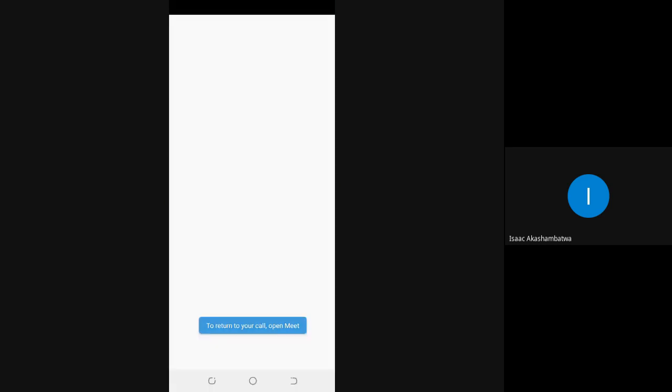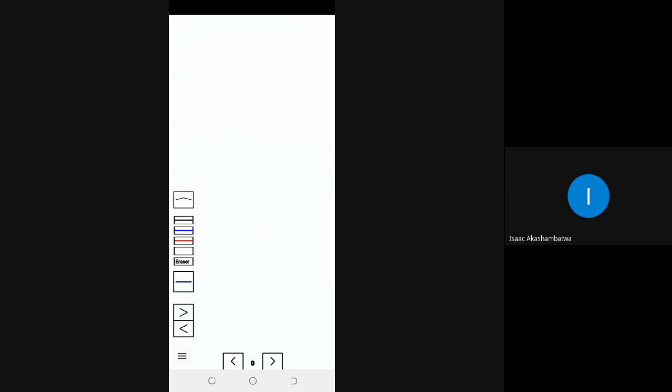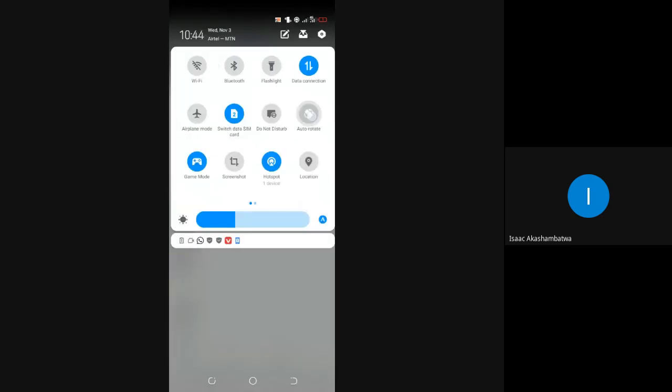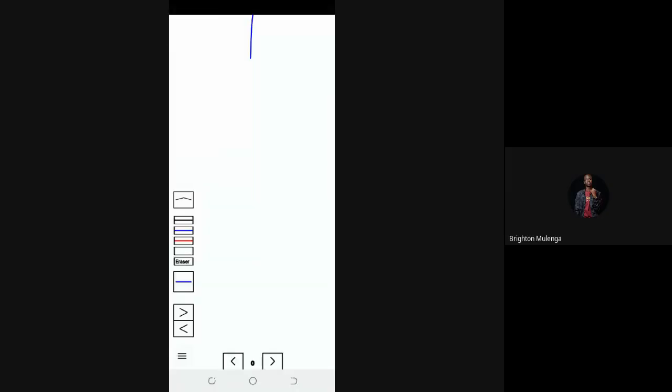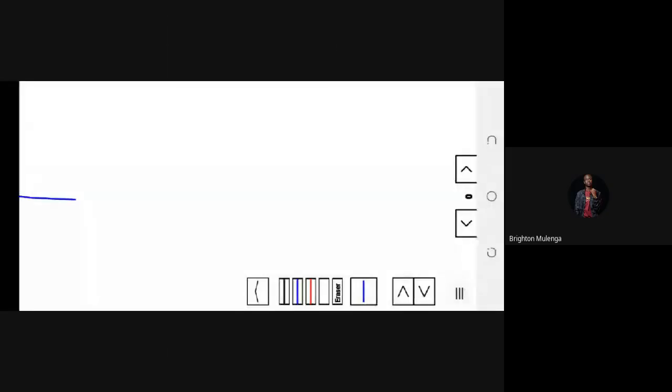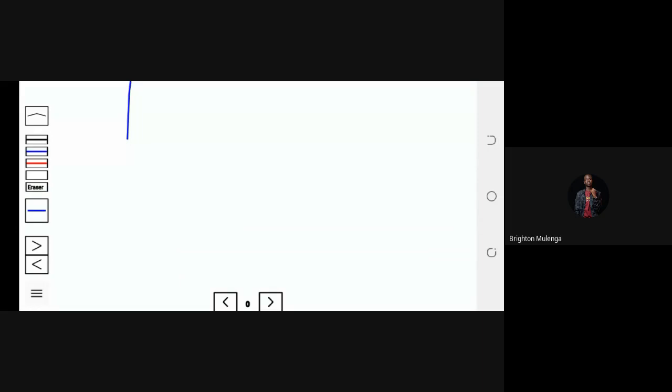Resolving into partial fractions. What is even the meaning of resolve into partial fractions? How you're going to do it, we don't know. Let's try and see if it's possible. So what are we having?